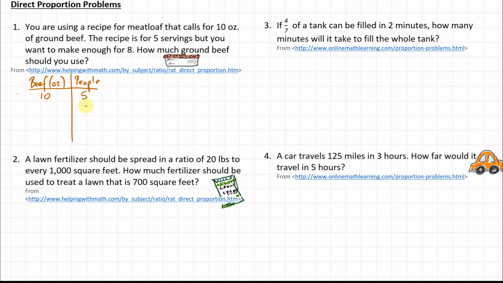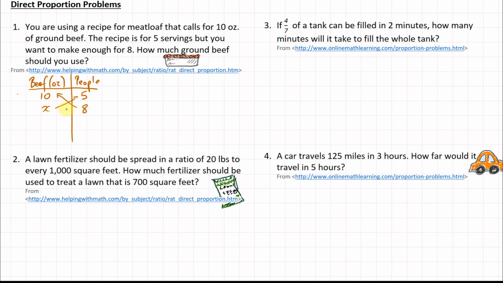But we want enough beef for 8 people, so we need to work out how many ounces of beef we need. So let's call that X. Then what we do is we just set up an equation. And once you've set up this table, this now becomes 5 times x is equal to 8 times 10.